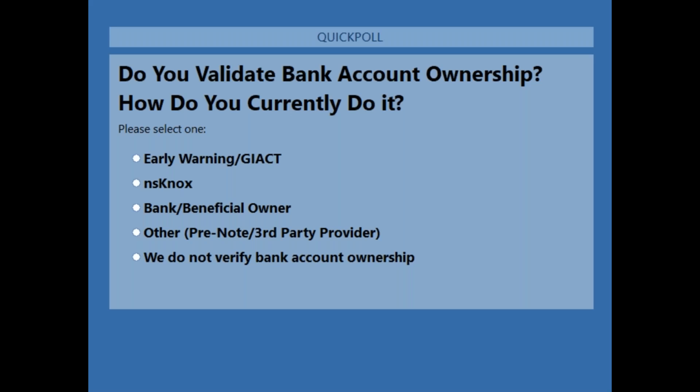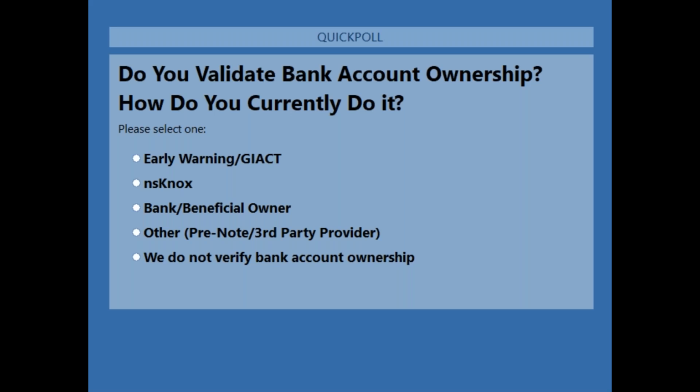Do you work with your bank, which is the other option here, the bank, the beneficial owner? So do you work with your bank, maybe send them a file so that they can compare the vendor legal name with the bank account holder's name, perhaps the tax ID, compare that with the tax ID that was used to open the bank account?